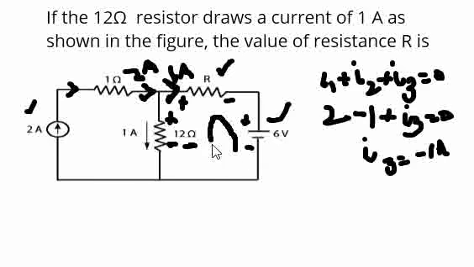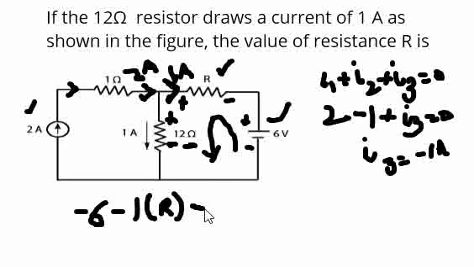Now if we put Kirchhoff's voltage law, which gives V1 plus V2 plus V3 is equal to 0. When we start from this side, -6, and -1 into R, and then plus 12 into 1, since V is equal to IR.